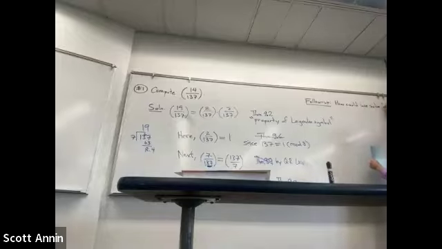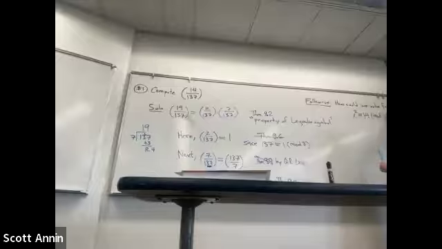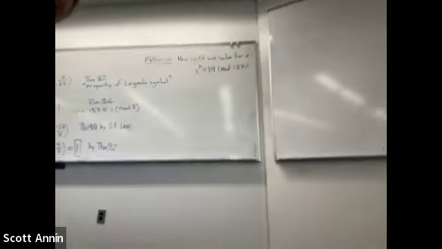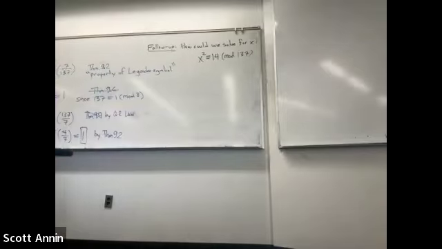So how could we solve for x? Here's my congruence, x squared congruent to 14 modulo 137. And let me move my camera over a little bit closer here. This would now be the question that we might want to ask.